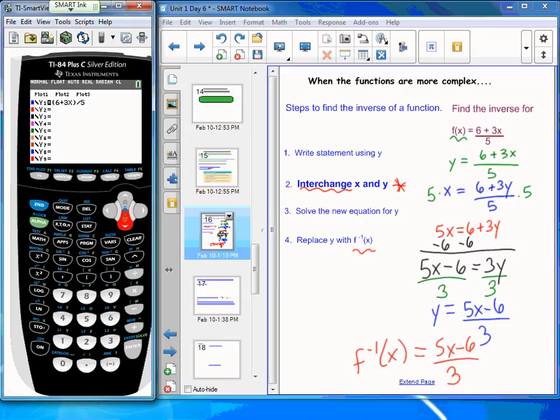And then I'll enter my inverse relation that we found. That was f inverse equals quantity 5x minus 6, close quantity all over 3. Notice how I'm using parentheses around my numerator, right? Because we want the whole thing to be divided by the denominator, not just the last thing, not just the 3x and not just the 6.